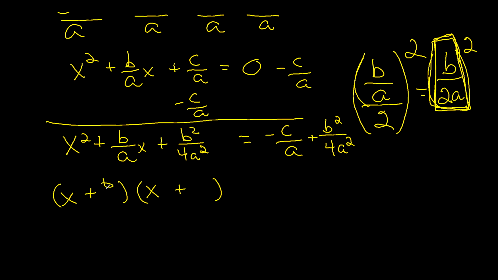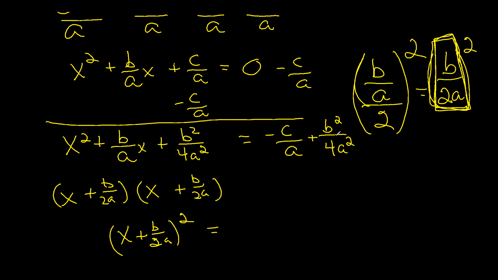So this is going to be b over 2a, and this is b over 2a. And then I can just write this up as x plus b over 2a, and I can square it. This is a 2. And that's going to equal this on the right side.